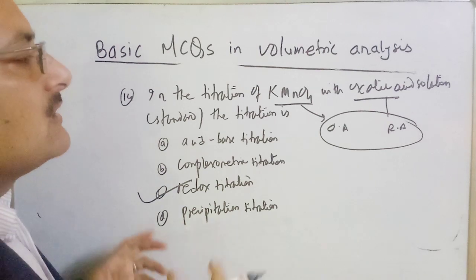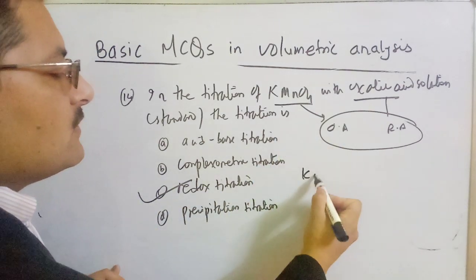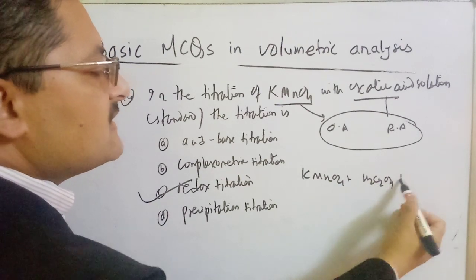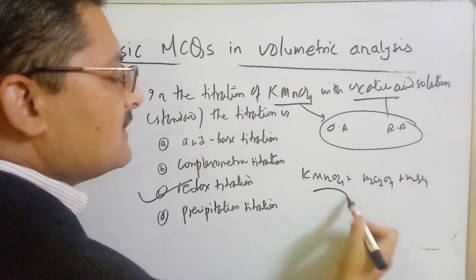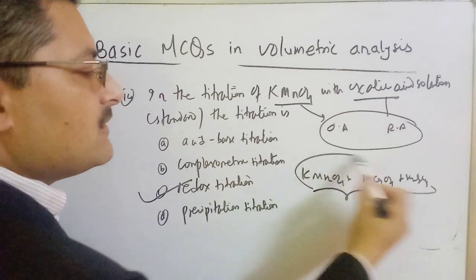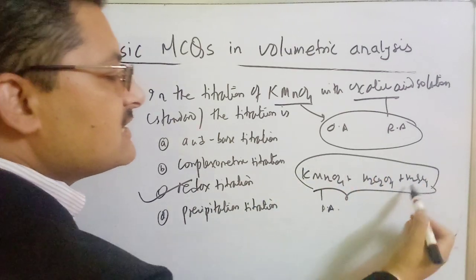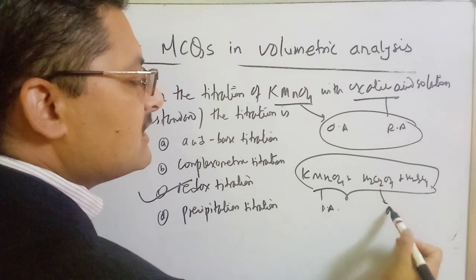So our reaction between KMnO4, potassium permanganate, and H2C2O4 in acidic medium is an example of redox titration, because here KMnO4 acts as an oxidizing agent and oxalic acid acts as a reducing agent.